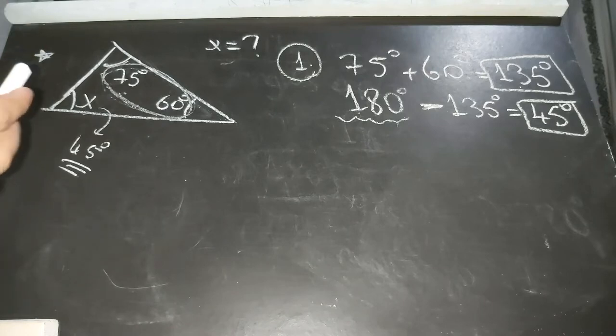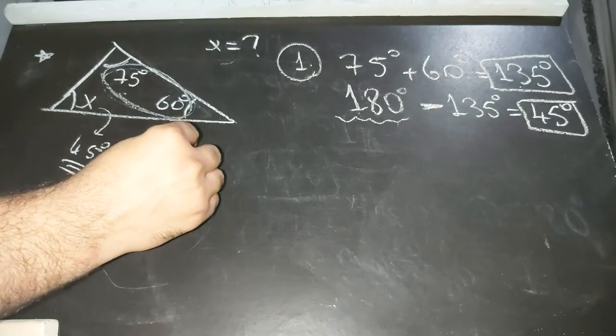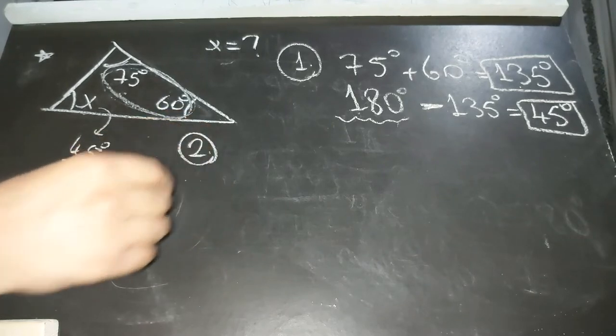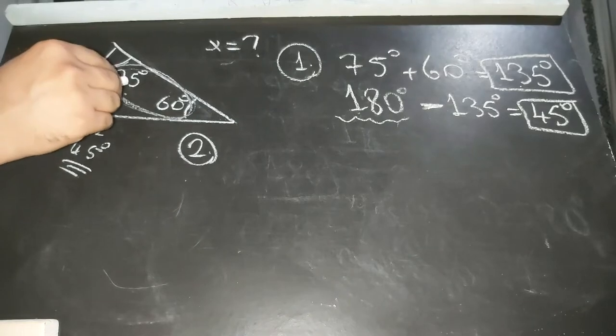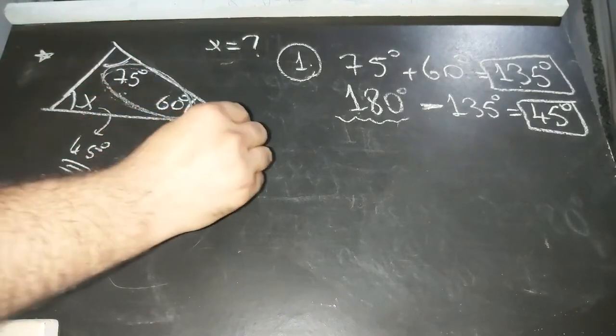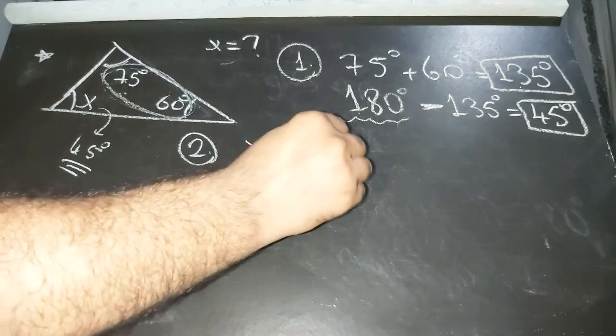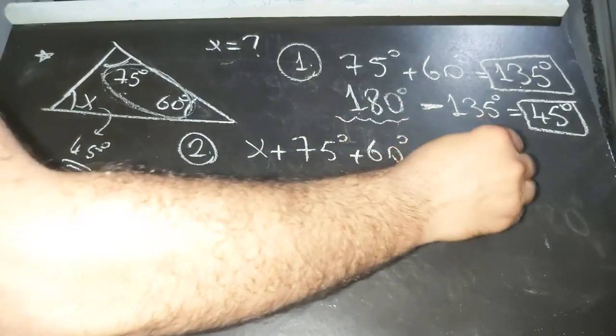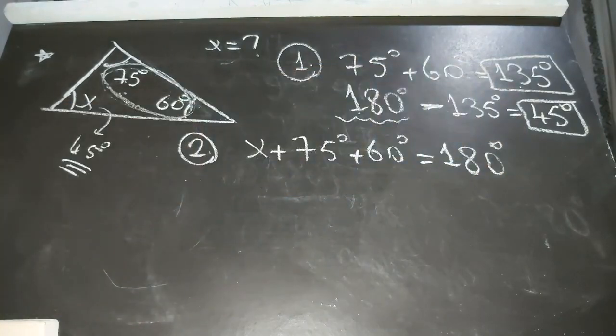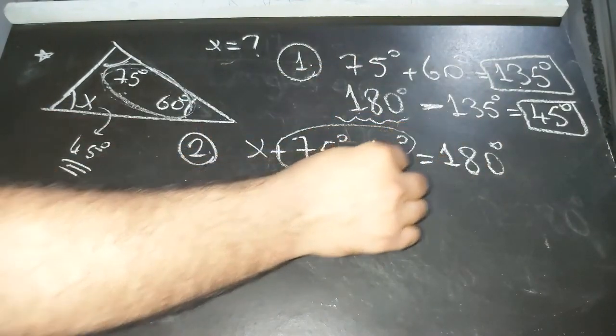The second method is that we are going to make a one unknown equation. X plus 75 plus 60 equals 180. So add them up.